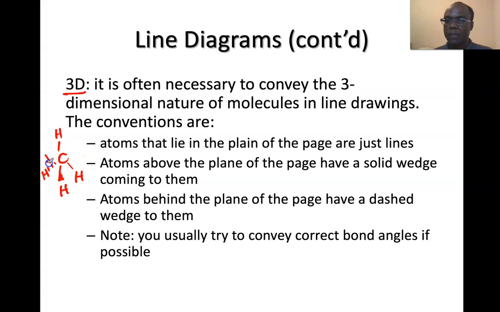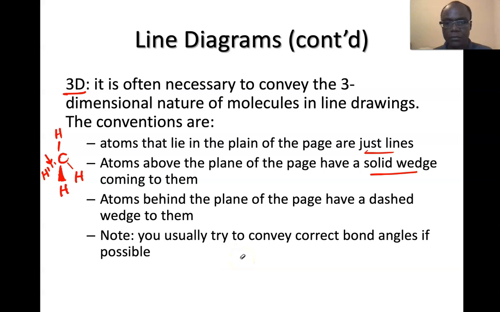This one is to the back and this is towards you, just like you would hold your fingers down like this. Those on the plane will have just lines. Those above the plane or towards you will have a solid wedge, which is what we have here. And those groups that are to the back will have a dash bond.